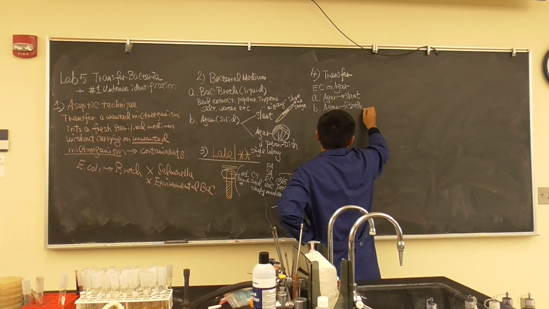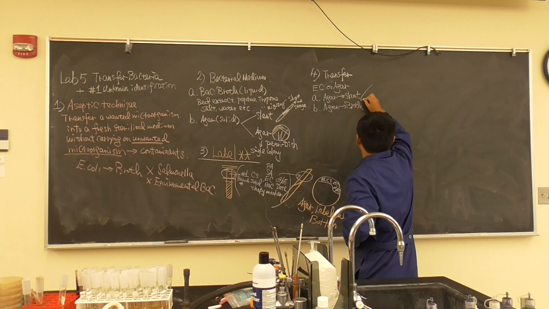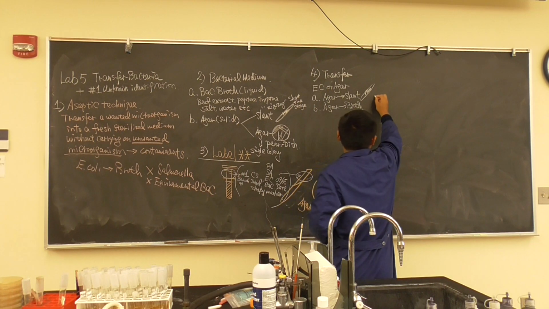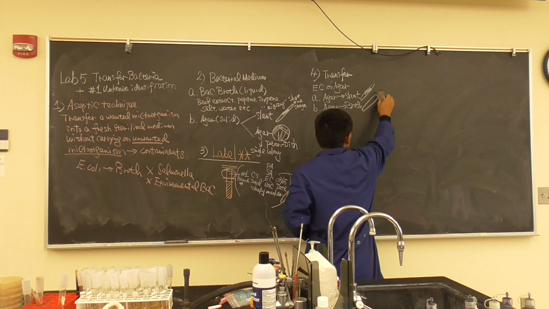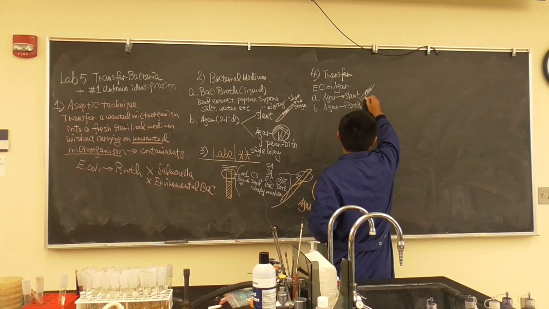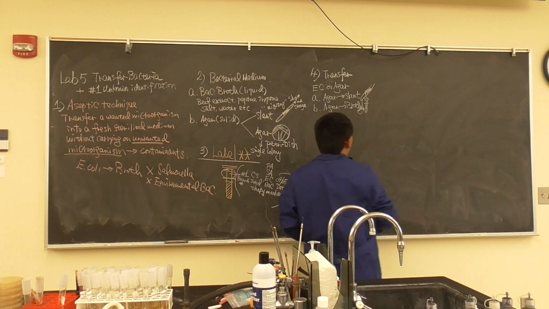I will show you real quick how to do it. On the slant, as we just mentioned, we do a zigzag marker. And in the broth, you just use a loop to pick, and then you put it inside and shake a little bit. It's very simple, but make sure you do the aseptic technique. You just pick a bacteria and then go inside. This is pretty straightforward.